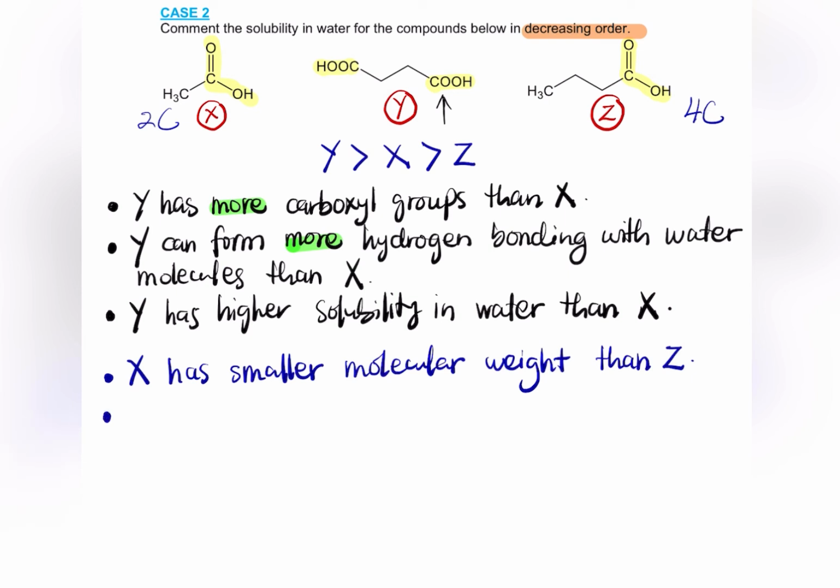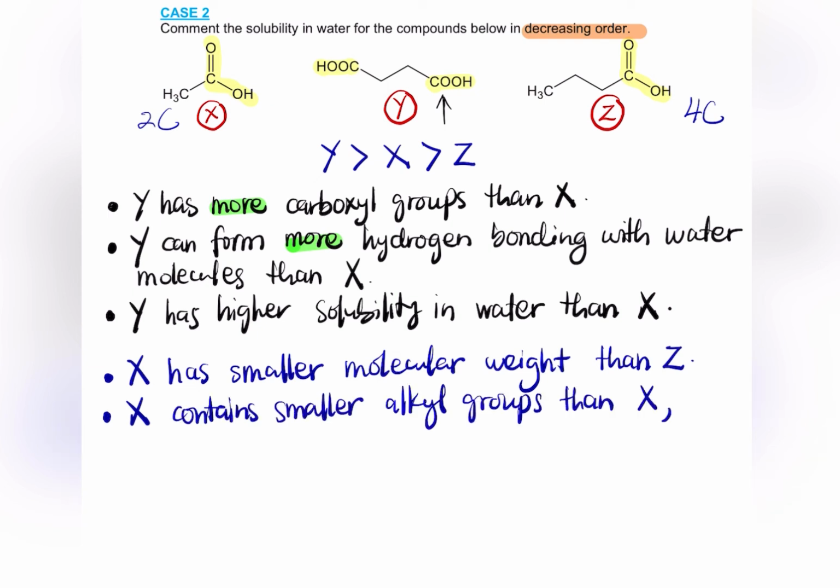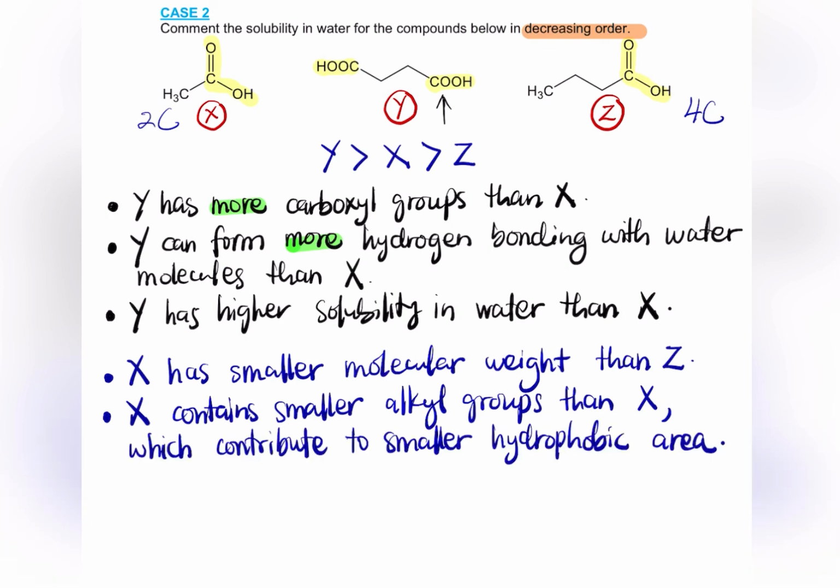So my subject is still X. X contains smaller alkyl group than Z, which contributes to smaller hydrophobic area. So this is the second point. And last point, talk about the solubility in water. So my subject X has higher solubility in water than Z.